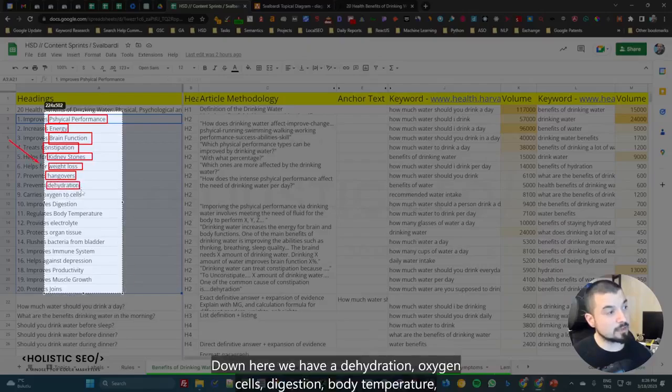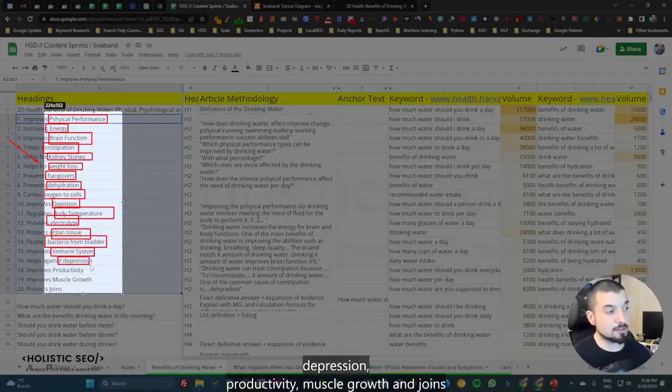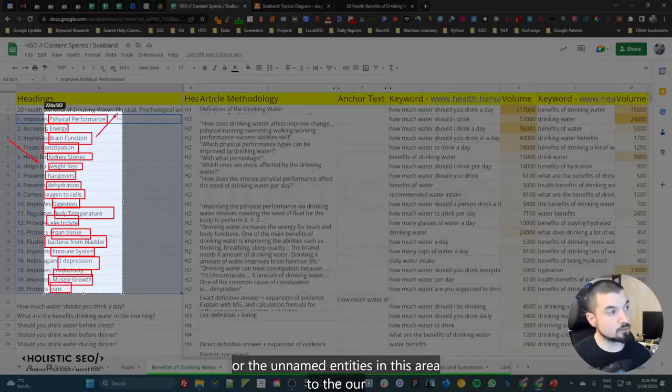Down here we have dehydration, oxygen cells, digestion, body temperature, electrolyte, organ tissue, bacteria from bladder, immune system, depression, productivity, muscle growth, and joint. So the next step for you is distributing the concepts or the unnamed entities in this area to our context entries.